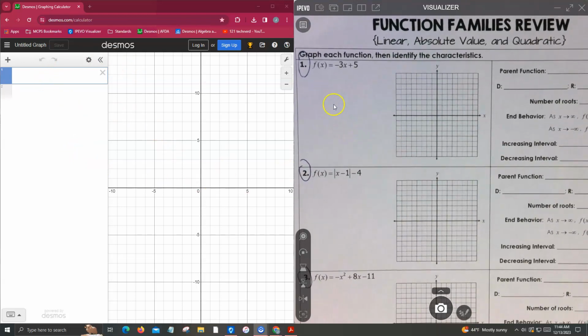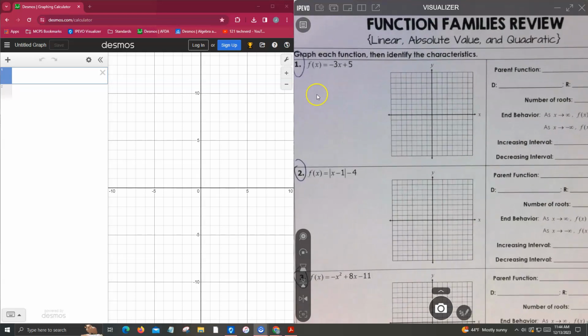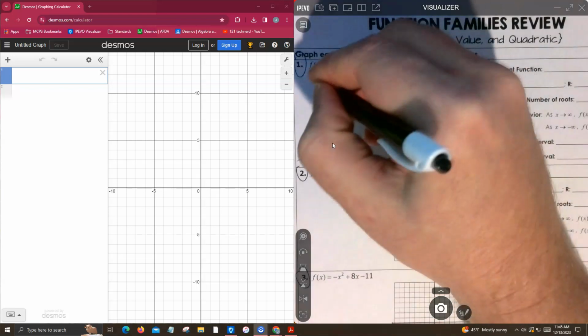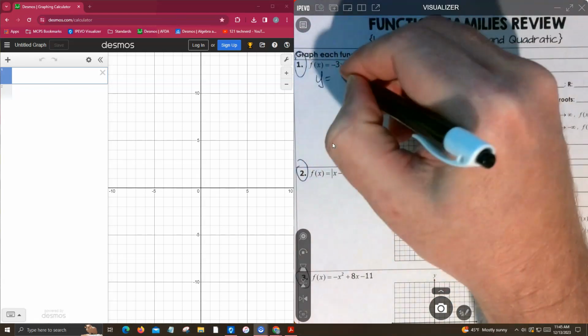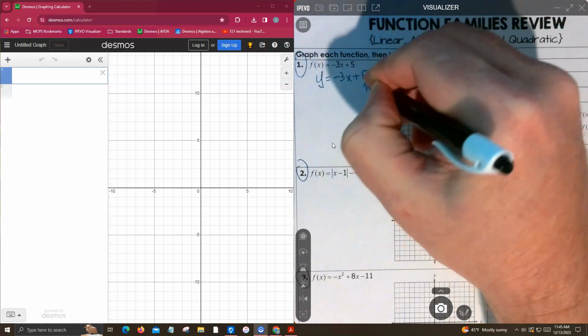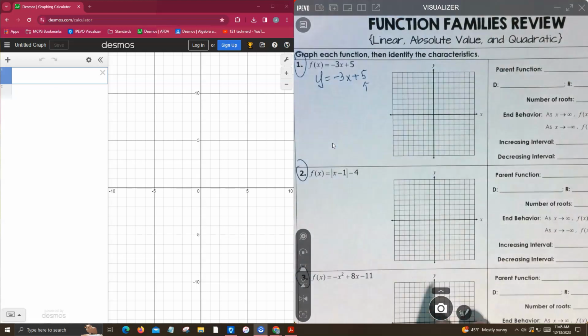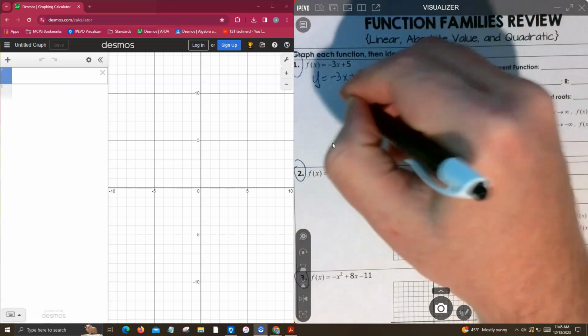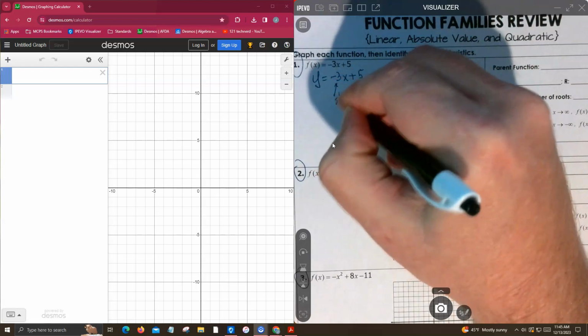All right, so to graph a line, I'm just going to use y equals mx plus b. So again, I'm putting my equation down. This is where I start on the y-axis, and this is my slope.